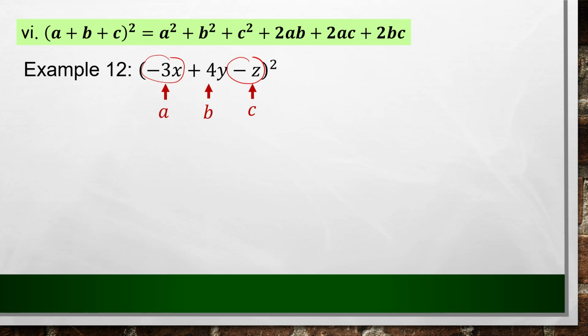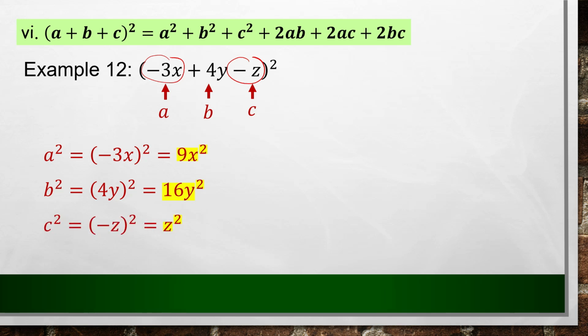That's minus z, so your c is negative. Okay, so first let's square those three terms. Negative 3x times negative 3x is 9x squared. 4y times 4y is 16y squared. Negative z times negative z is z squared.